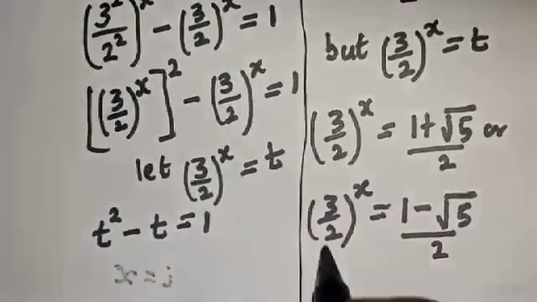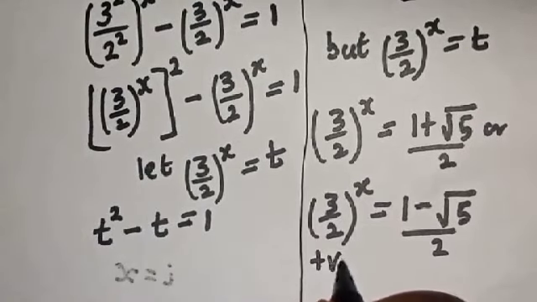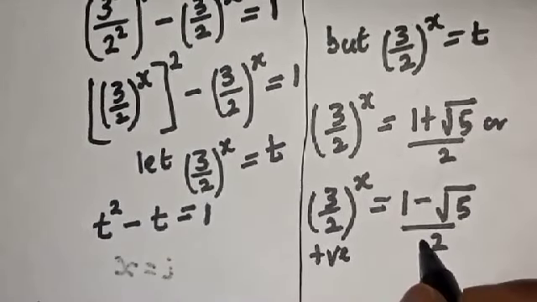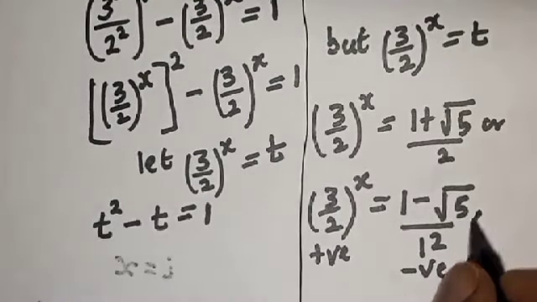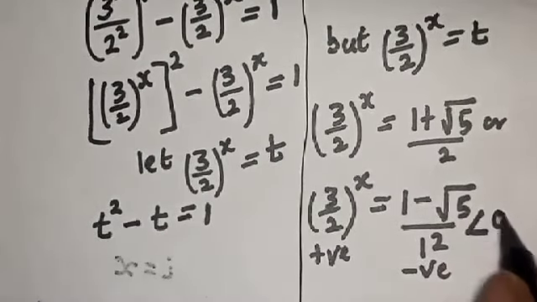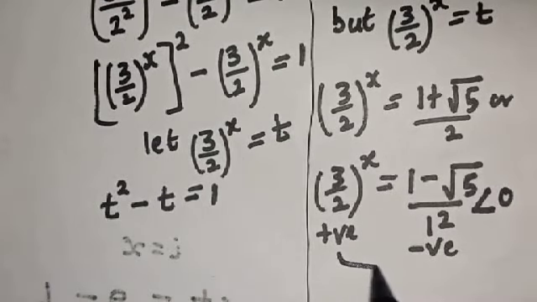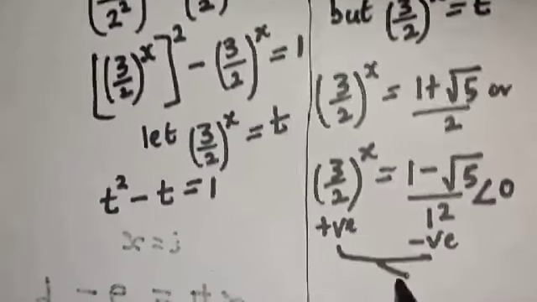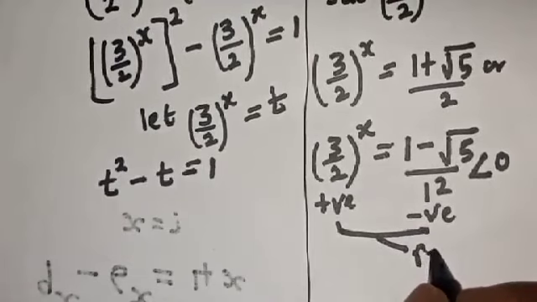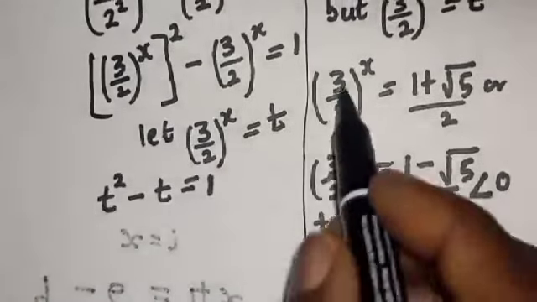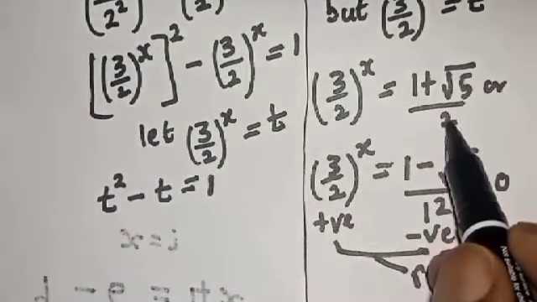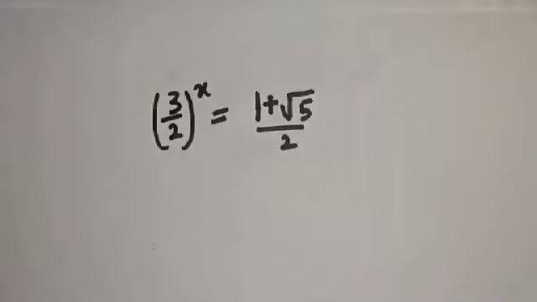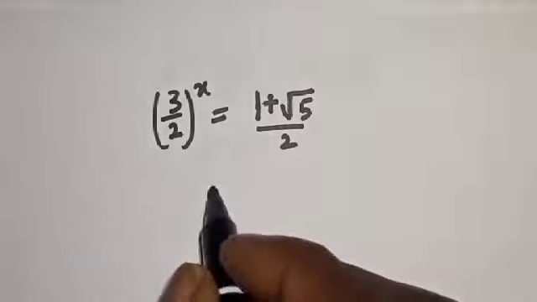But if you look at this, this is positive and this is negative. So the whole of this equation is less than 0. Therefore, this is rejected. The only real solution we have is 3 over 2 raised to power x is equal to 1 plus square root of 5 over 2. This is the only real solution we have.